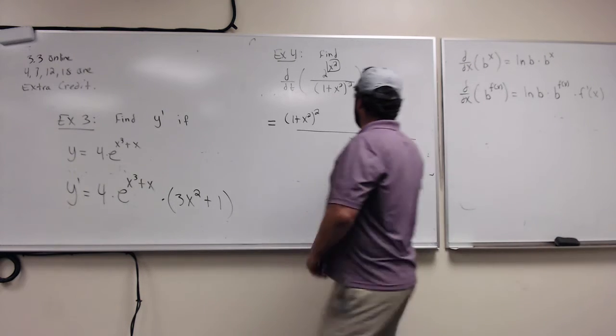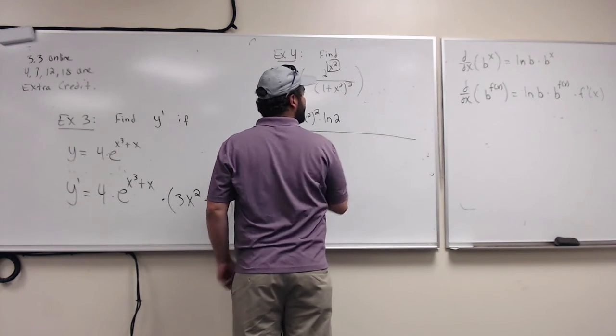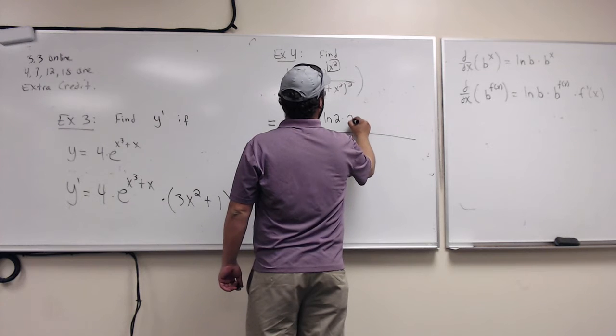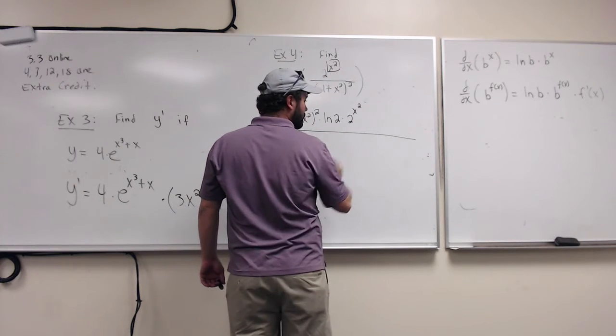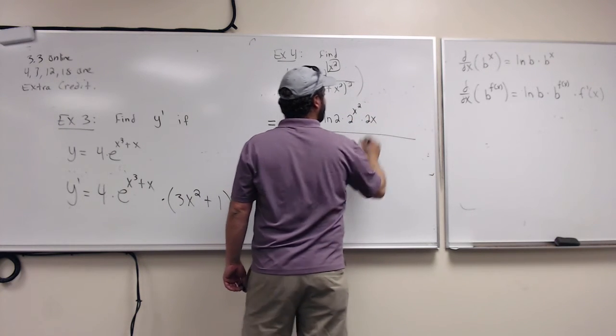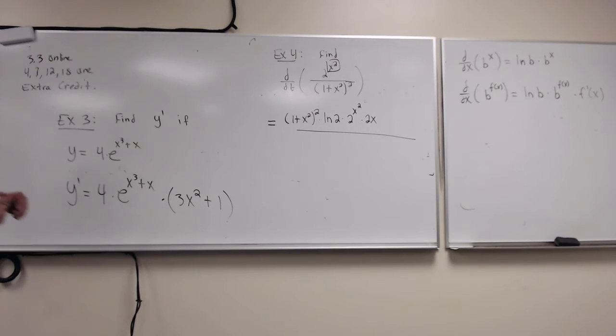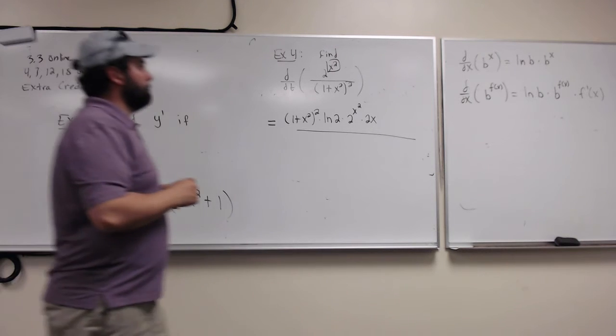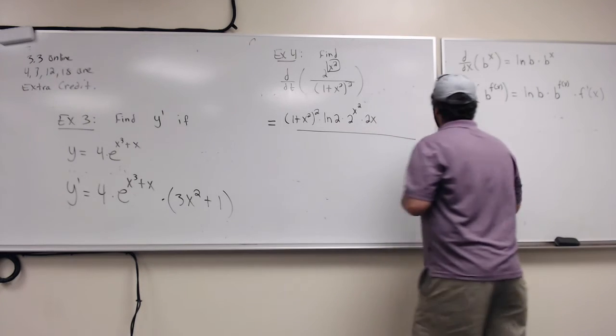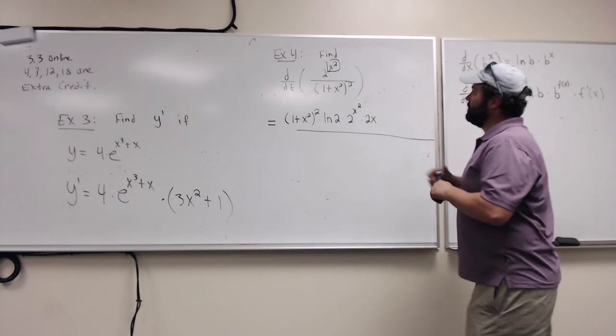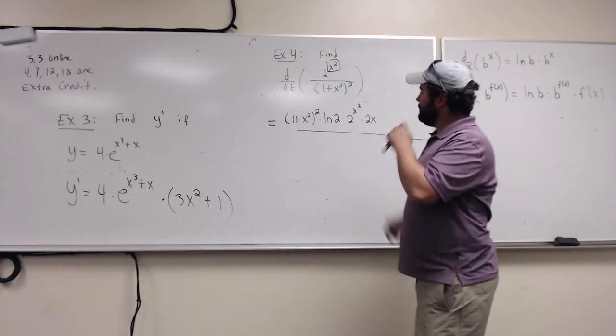So you do natural log of the base 2 times the same function and then times the derivative of the exponent. It's kind of weird when you have a power to a power. Okay, so again, this is a base to a function of x.